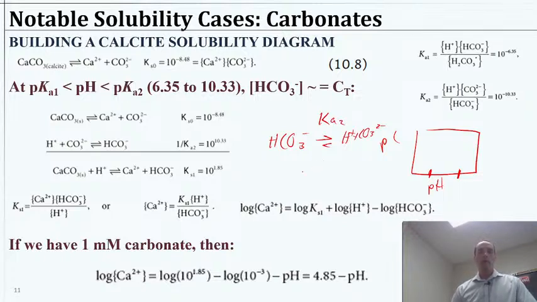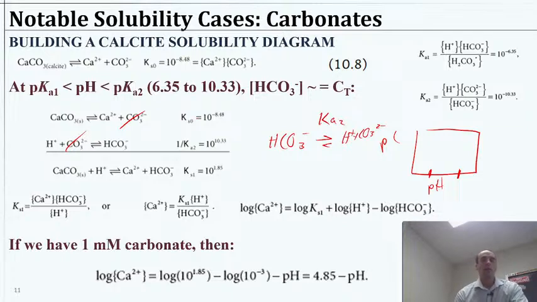So 1 over Ka2 would be just swapping those backwards. Okay, so that's what the book is doing here, and saying we're going to take 1 over Ka2 and write this in reverse so that we can add these two equations together, which what we'll see is the carbonates will cancel, and we'll have a function of the bicarbonate.